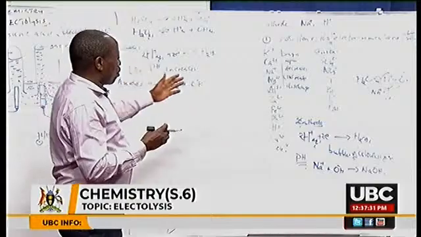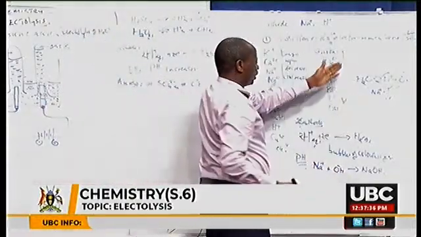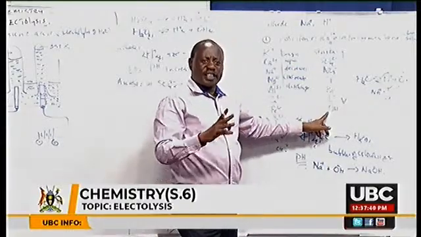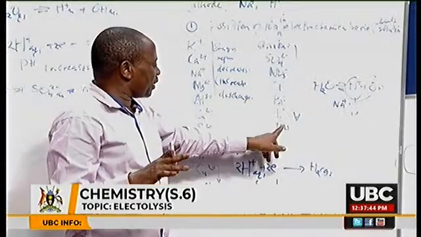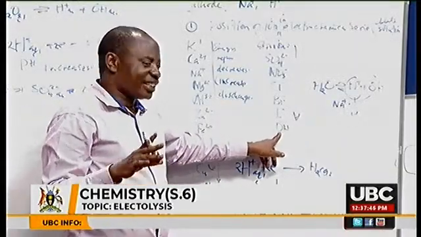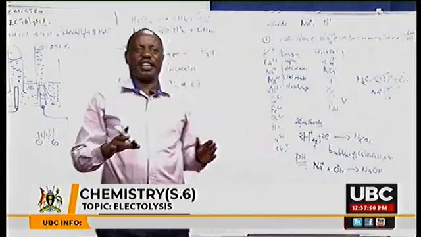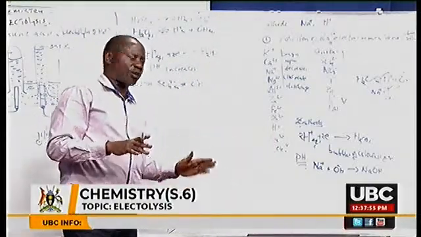So when we go to our electrochemical series, we have sulfate and hydroxyl. There is that wide difference in energy required to discharge. So it implies that the hydroxyl ion requires less energy to be discharged. In fact, very, very little energy, because it is below sulfate in the electrochemical series.